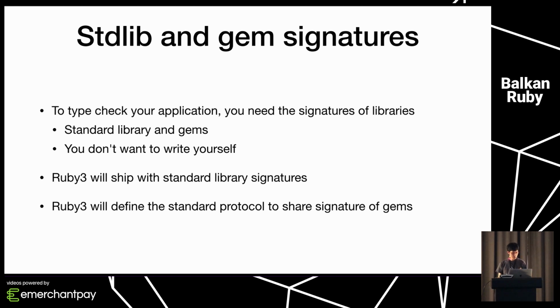So Ruby 3 will ship with signatures for built-ins and some standard libraries, including Set or Pathname. And we will define a standard protocol to share the signatures of gems. You can write the signature of your gem and distribute it around the world, and your library users use the signature to type check their applications.